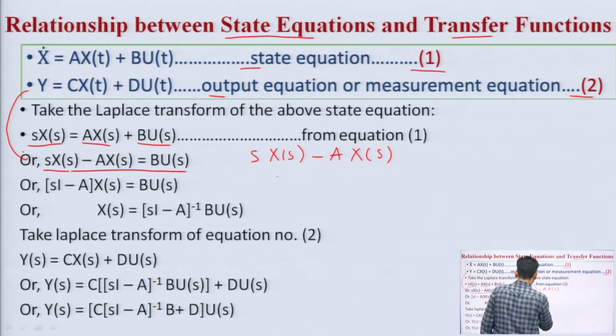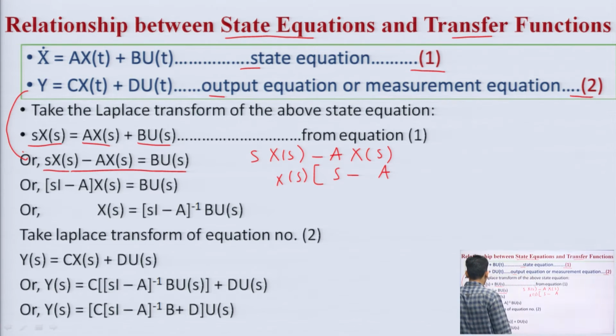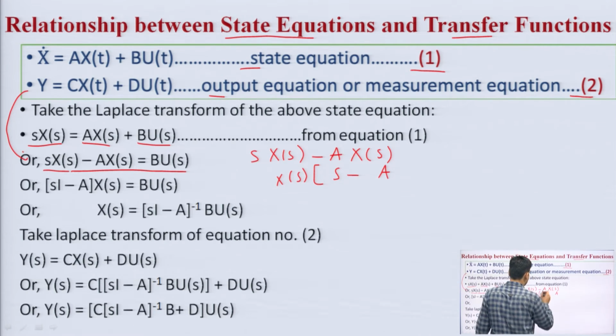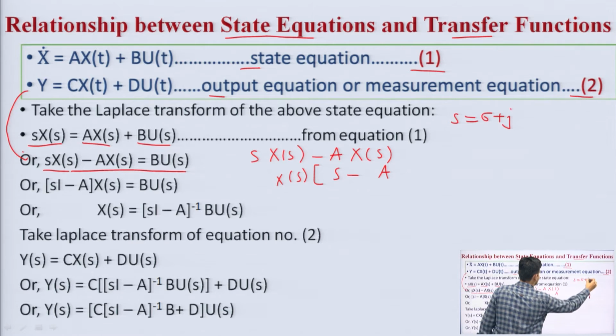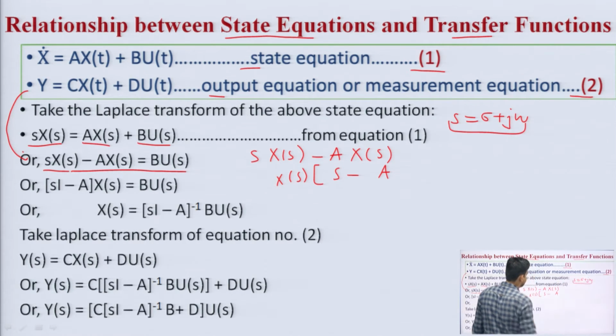So, if I take common X(s), what I will get is s minus A. What is A? A is here a matrix, but what is s? s is here a complex frequency, you can say s equal to sigma plus j omega, a complex number, right. So, this is a constant, because if I assume sigma and omega are constant, this variable s would be constant whereas A is a matrix. So, this subtraction is not possible, right.